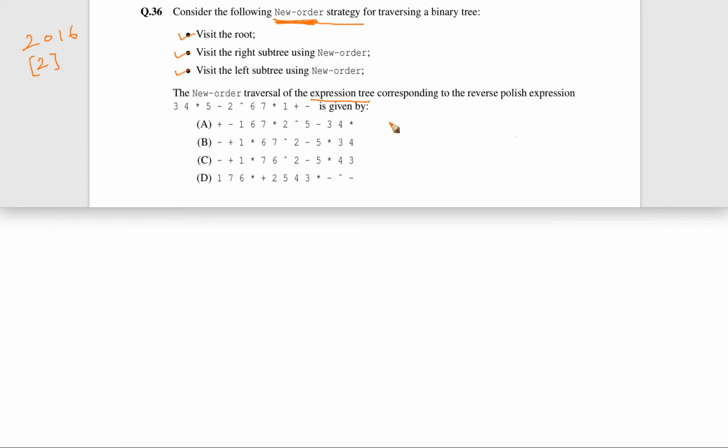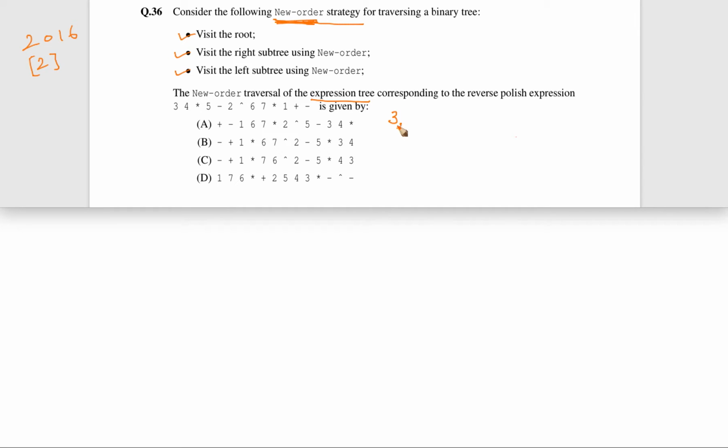There is a fairly simple algorithm which does something like this, that we keep on taking tokens until it is an operator, and when it is an operator, we perform that in an infix way and push it back to the list.